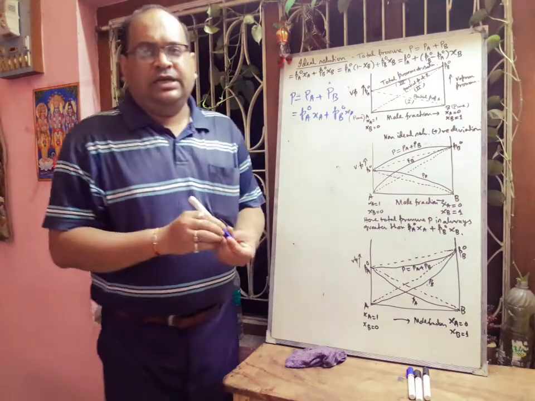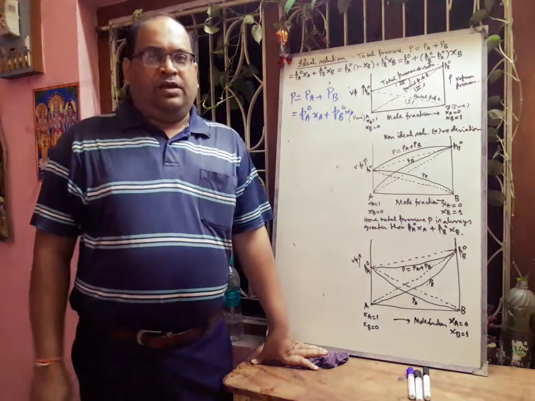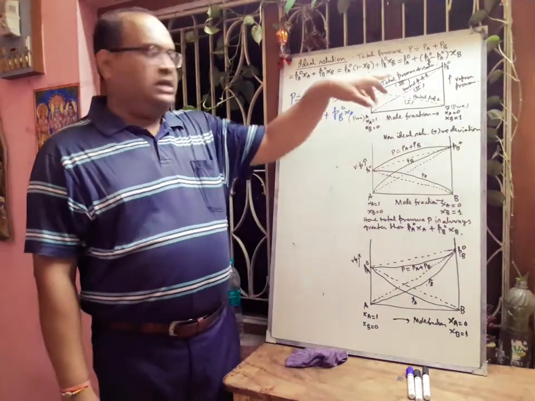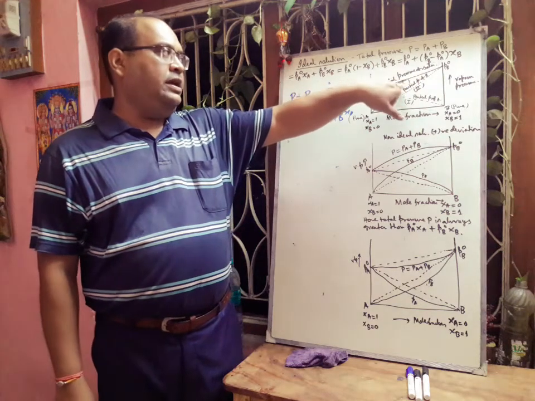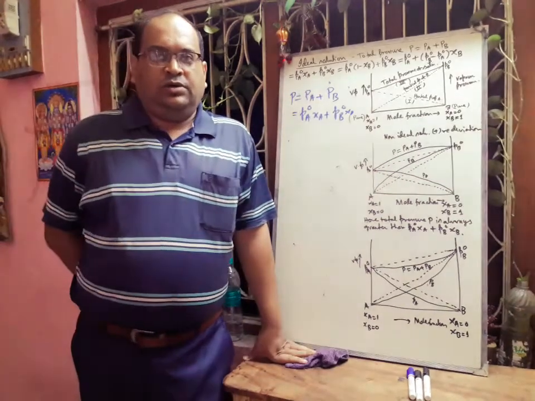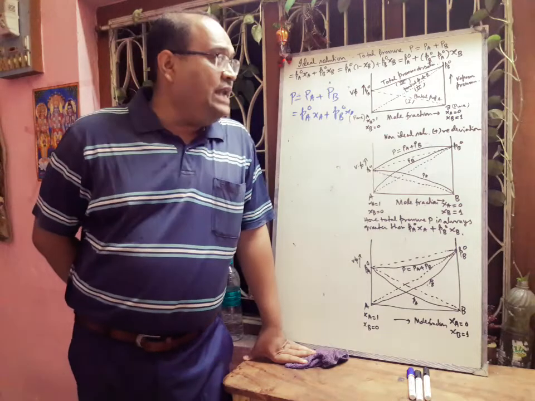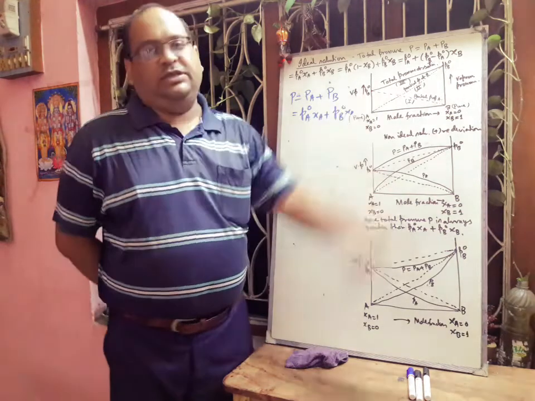That is indicated by this bold or thick line, that is line 3. This line is obtained by joining the points Pa0 and Pb0.